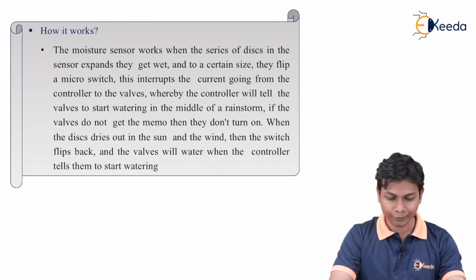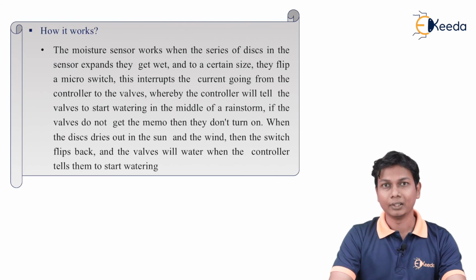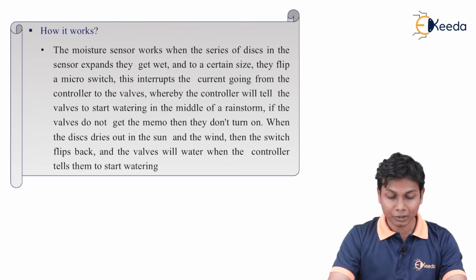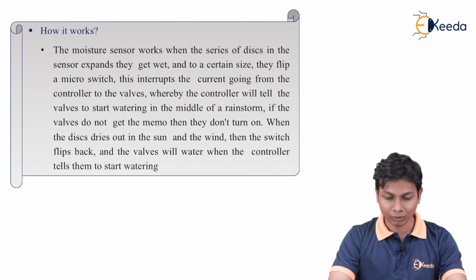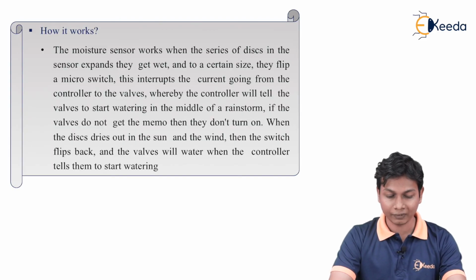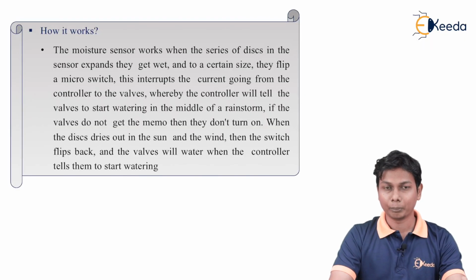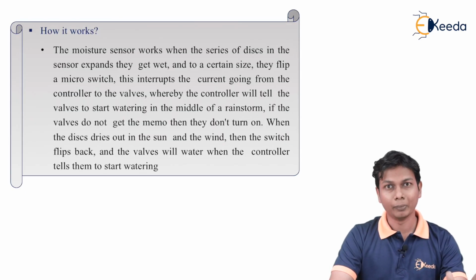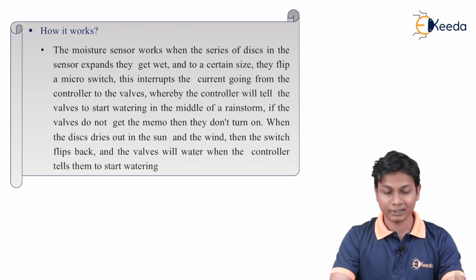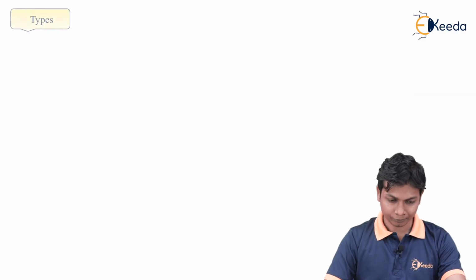In the same way, for a dry area where the sun and wind are more, the switch flips back and the water-level controller starts watering. So the controlling part is played by this moisture sensor.